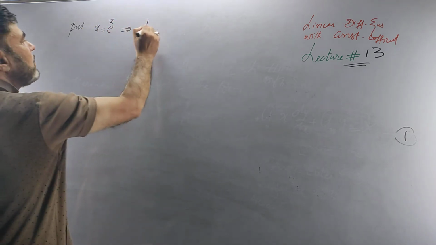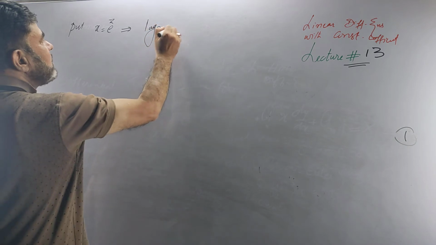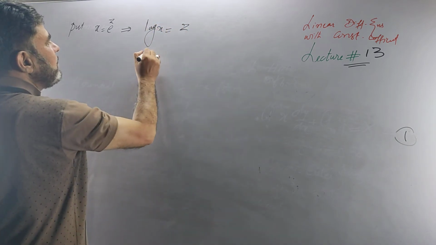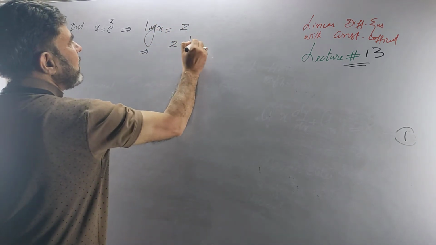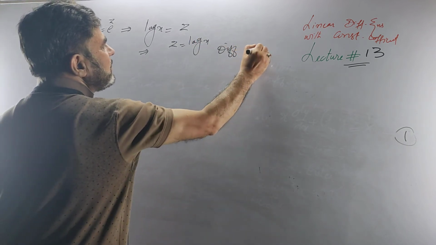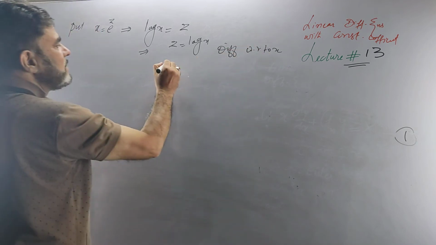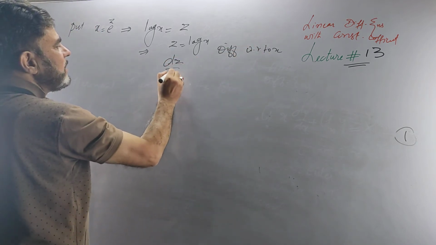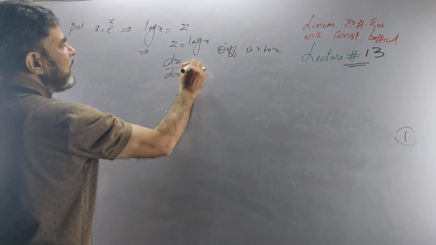This implies log x is z, which implies z is log x. If we differentiate with respect to x, dz/dx is 1/x.